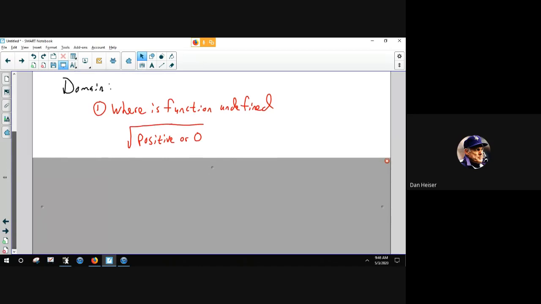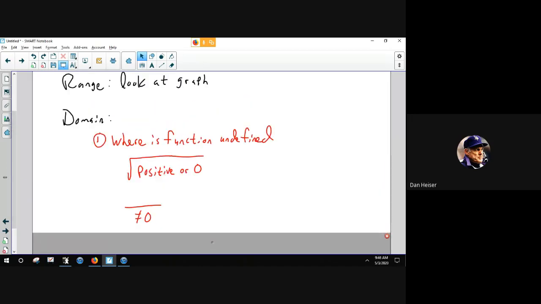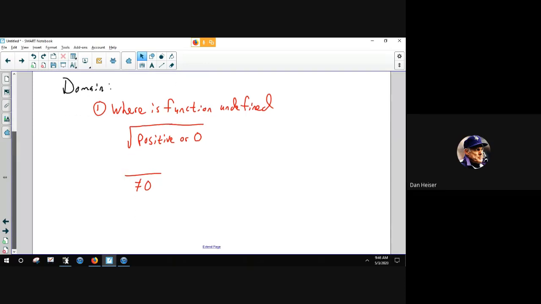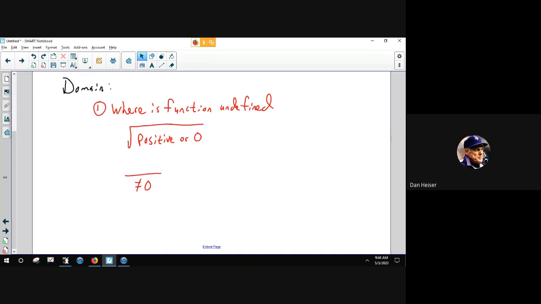The other thing we have to be on the lookout for: fractions with a variable denominator. We don't care about a variable numerator. We care about a variable denominator. So I look for, where is the denominator going to equal 0?